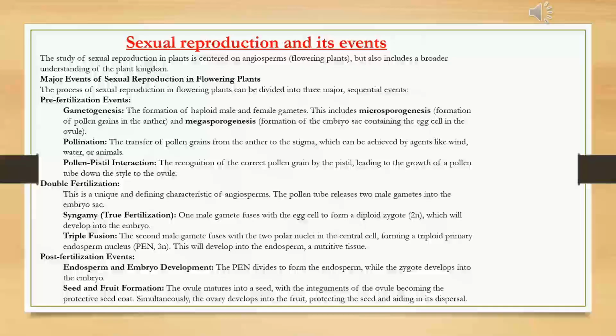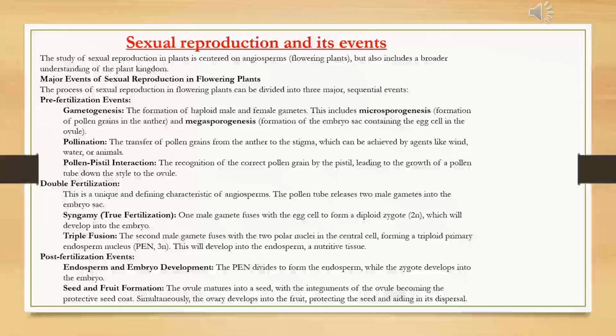Okay, the last one is the post-fertilization events, which take place after fertilization. It includes endosperm and embryo development. The PEN divides to form the endosperm, while the zygote develops into the embryo. Seed and fruit formation is the last step.